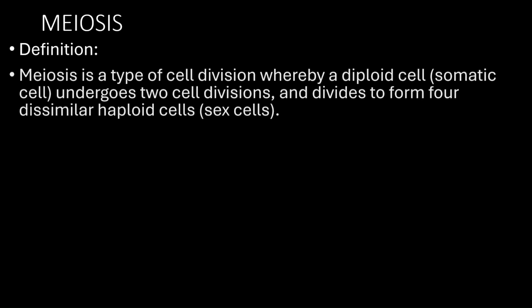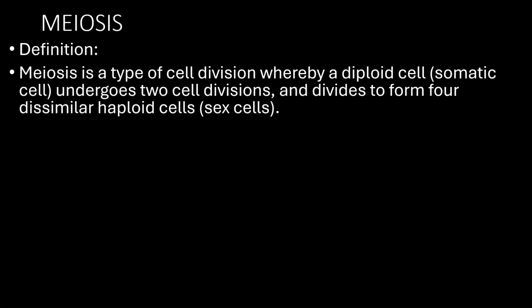All right, my focus will be on meiosis because that is the main area exam questions will be concentrated on. We started by looking at the definition, and we discovered that it's a type of cell division where a diploid cell, also called a somatic cell, undergoes two cell divisions and divides to form four dissimilar haploid cells, also called sex cells.